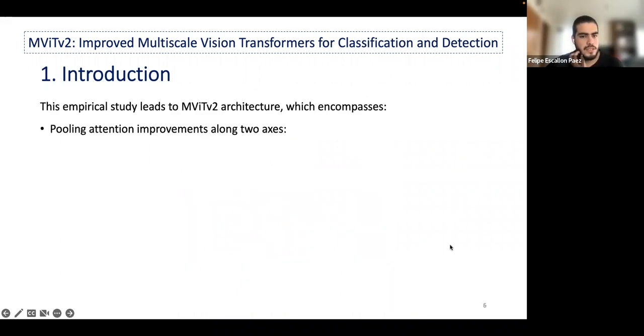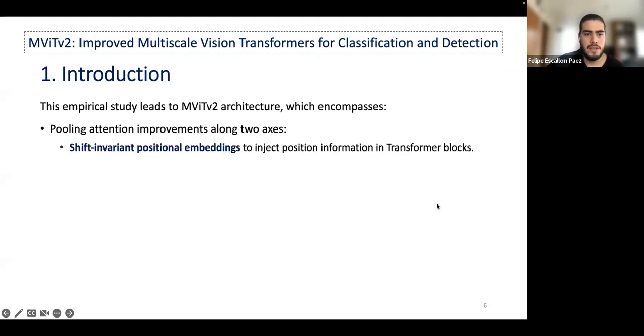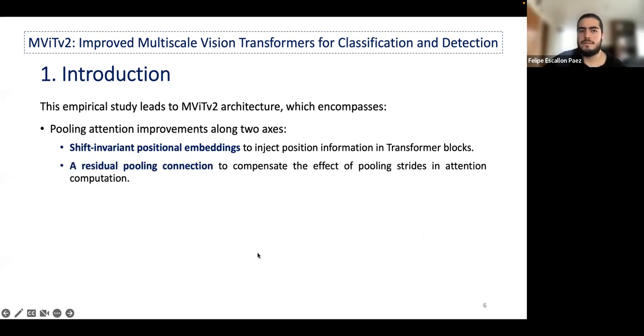So in this study, they seek to encompass a couple of things that I'll be explaining through the presentation. So in the pooling attention, they took two main things. The first is to use positional embeddings, shift invariant ones, to inject more positional information into the transformer.